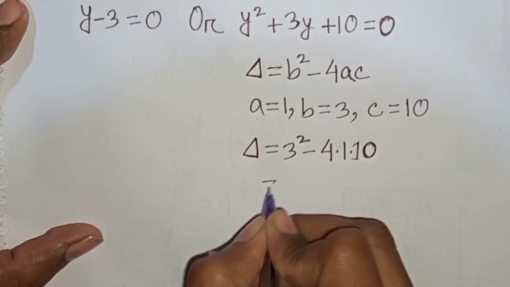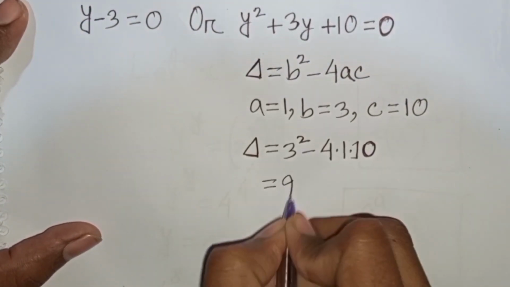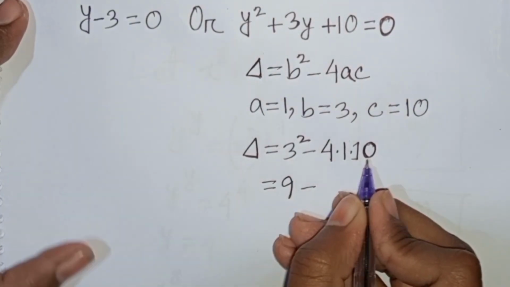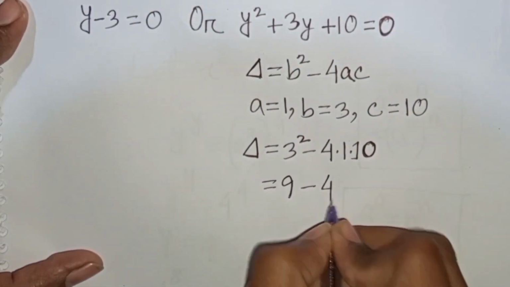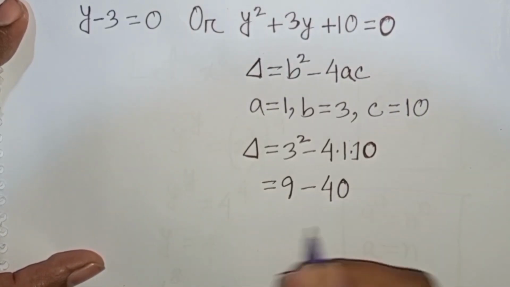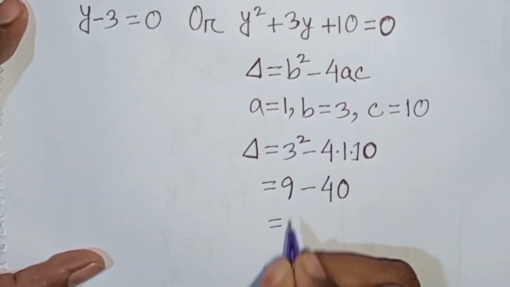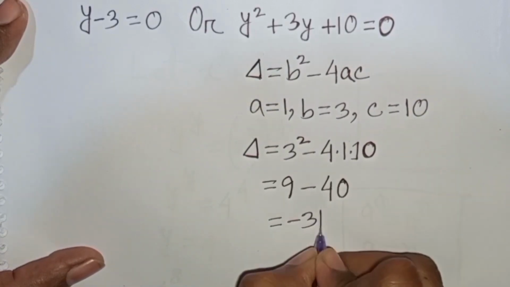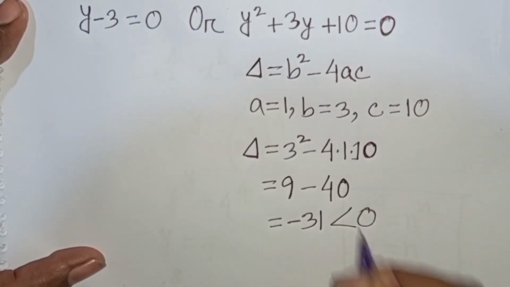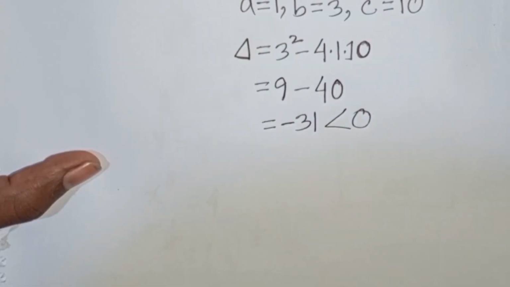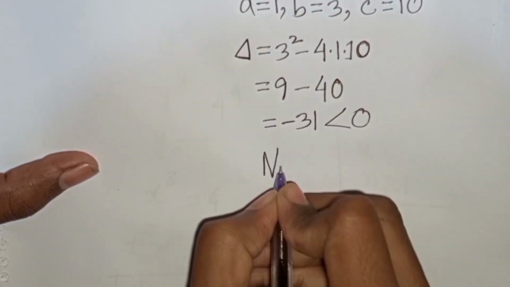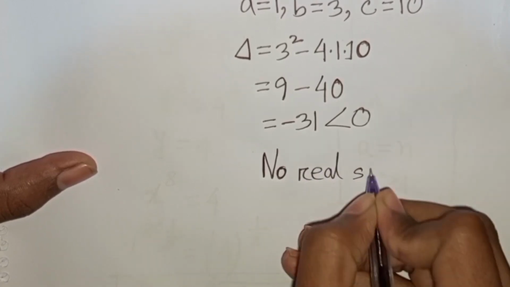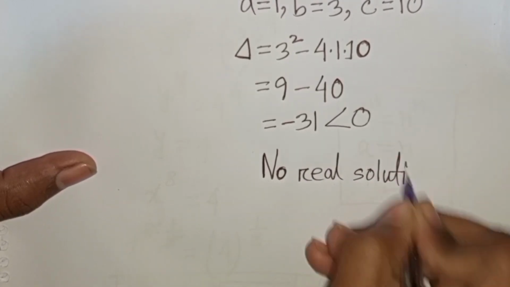Now is equal to 3 square is the same as 9, then minus 4 times 1 times 10, that means it will be 40, then is equal to 9 minus 40, that means it will be minus 31. So minus 31 is less than 0. So here no real solution.